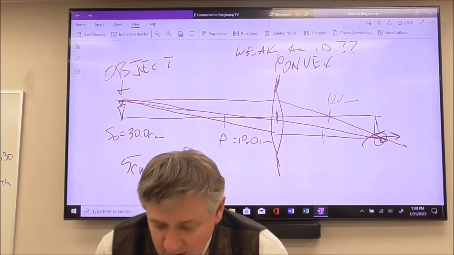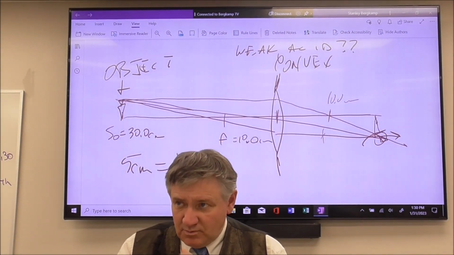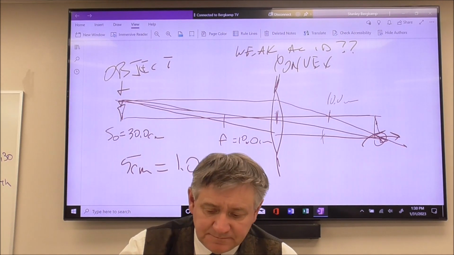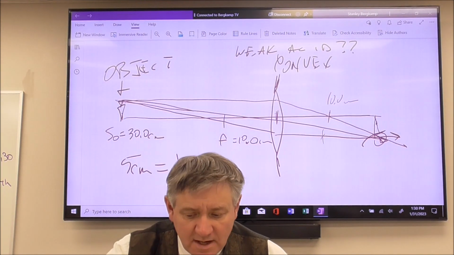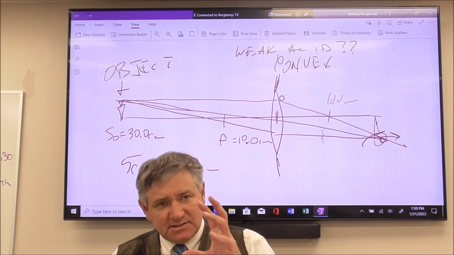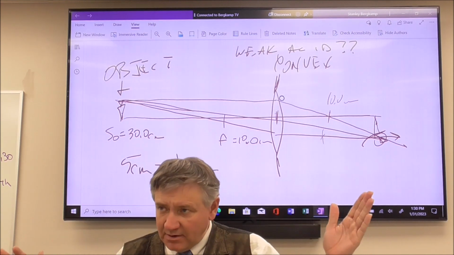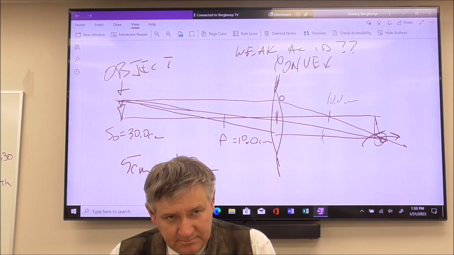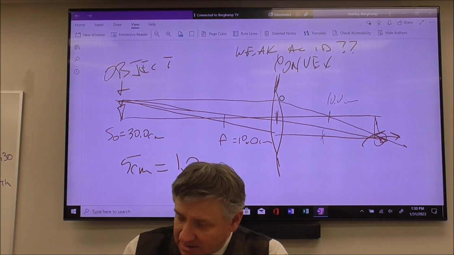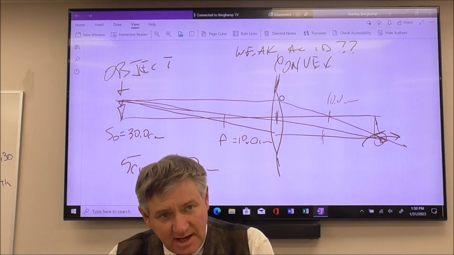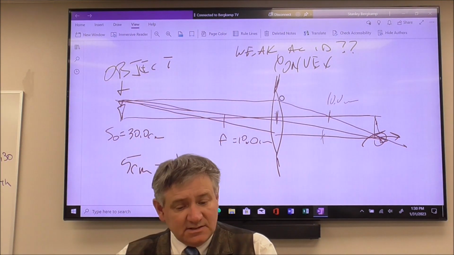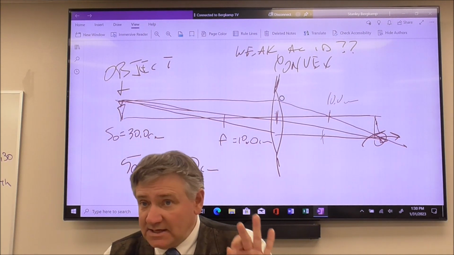So, now there's a couple of things when you look at this. First off, as the light goes through, is it being spread out or is it being brought together? Brought together. So start with this idea. As soon as you see that light is being brought together, whether it's a lens or a mirror, doesn't make any difference.